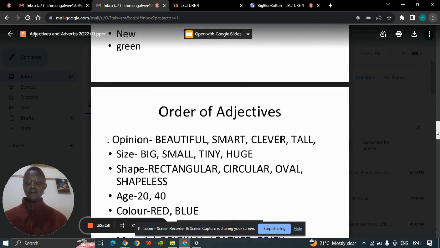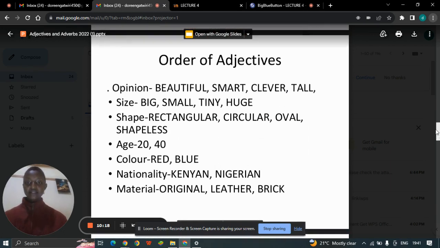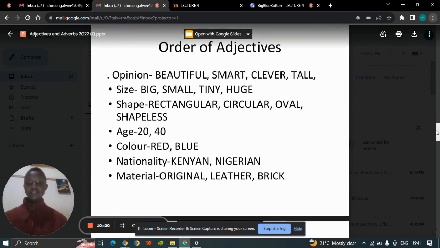Maybe quickly, we go to the order of adjectives, and we start with the opinion. That is, if the person is beautiful, smart, clever, tall, according to you, what's your opinion about this person? Then you have the size, it may be big, small, tiny, huge. Then the shape, either rectangular, circular, oval, shapeless.